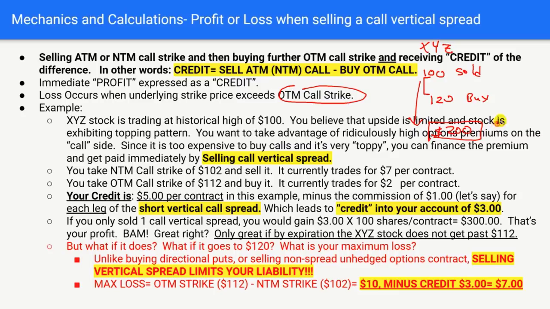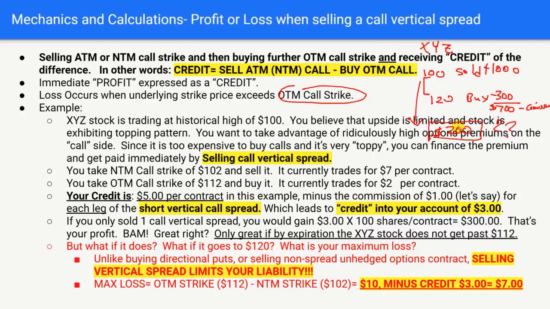Well, let's say you got 1,000 from here, but you paid 300 to get this in our previous example, for a net credit of $700 minus commissions. Don't forget commissions. It's really cheap nowadays, so it's negligible, but you have to consider commissions.